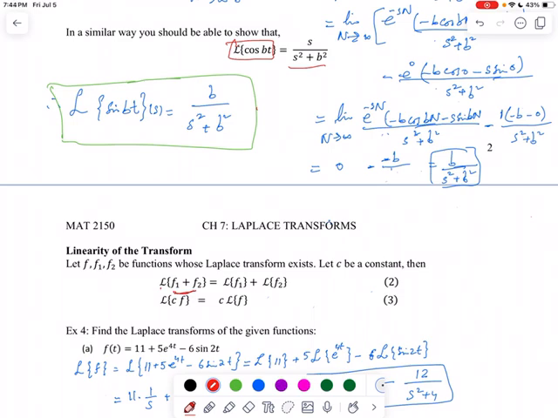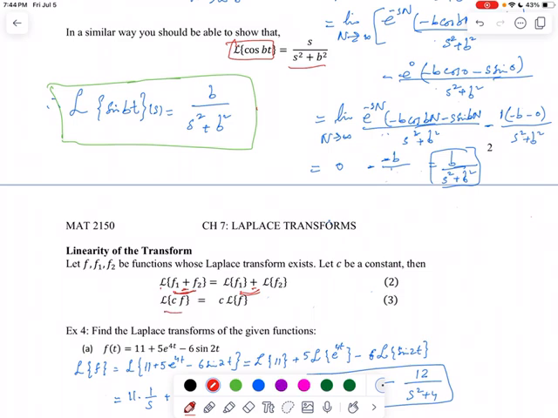This will hold for subtraction as well. And this says that the Laplace transform preserves addition and subtraction of functions.